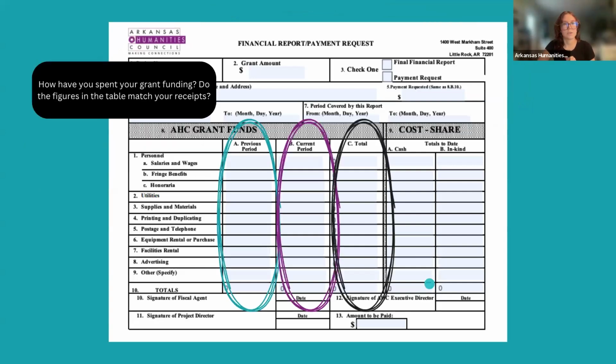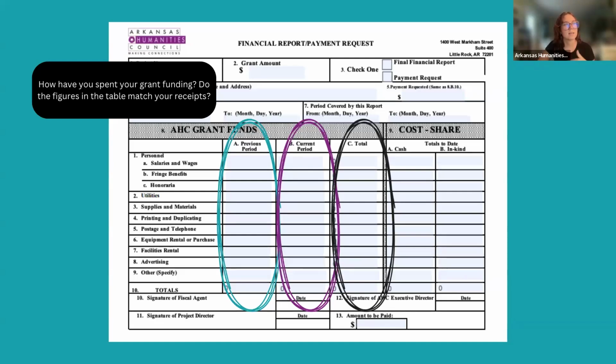And then we get into what is actually being spent here in the table. How are you spending your grant funds? We'll mostly be living in the purple and black ovals. As I mentioned, we're moving away from the quarterly report where the previous period would be more used.